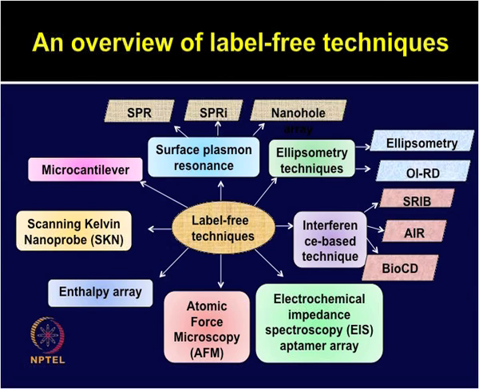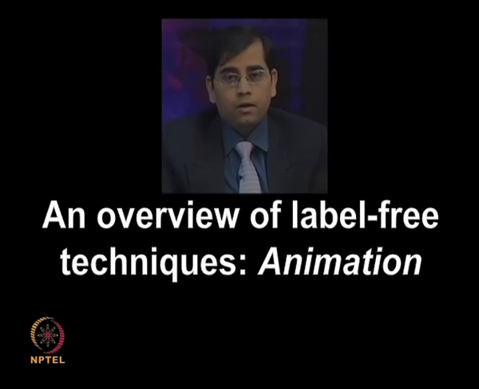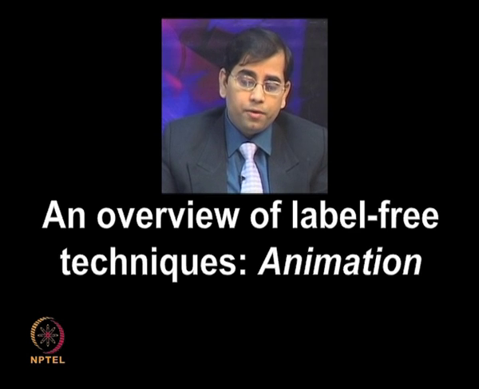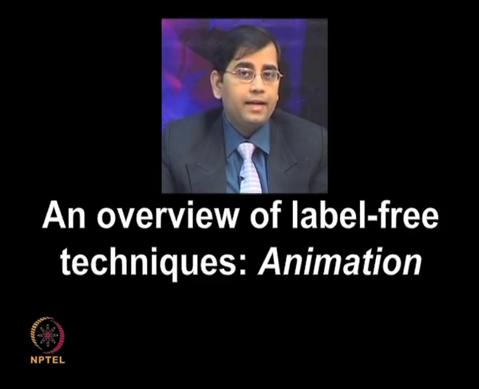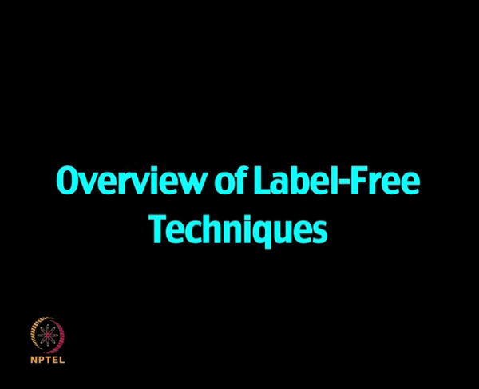As shown in the PPT, these methods include surface plasmon resonance, ellipsometry, interference based techniques, electrochemical impedance spectroscopy, atomic force microscopy, enthalpy arrays, scanning Kelvin nanoprobe, microcantilever, etc. So, let us have a look at an overview of label free techniques in the following animation. Label free techniques, SPR and SPRi animation for overview of label free techniques.